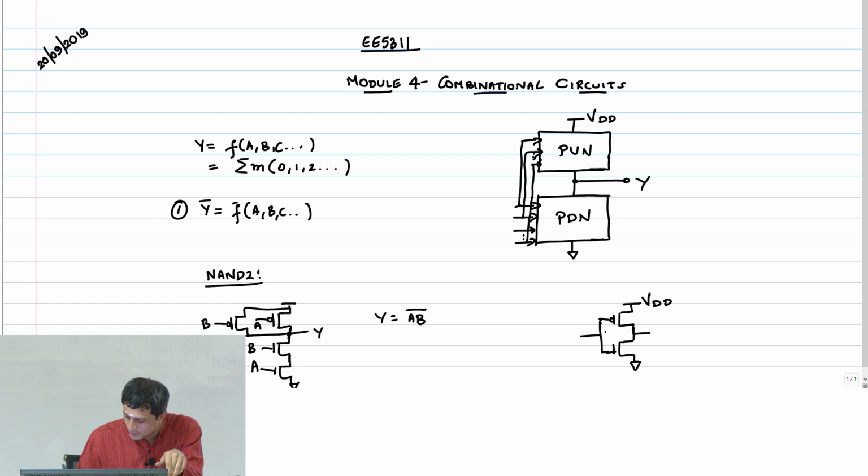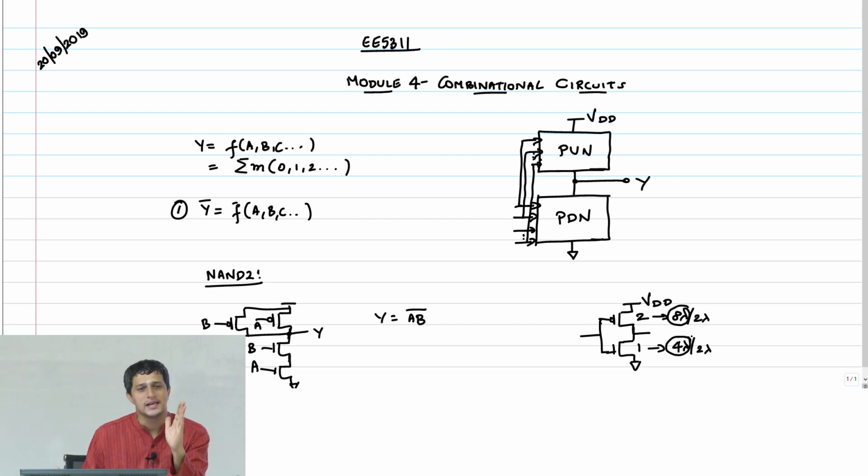VDD. So this is 1 and this is 2. And what does this 1 and 2 mean? This could be, for example, 4 lambda by 2 lambda. This could be 8 lambda by 2 lambda. We are only talking about the width when we talk about 1 and 2.